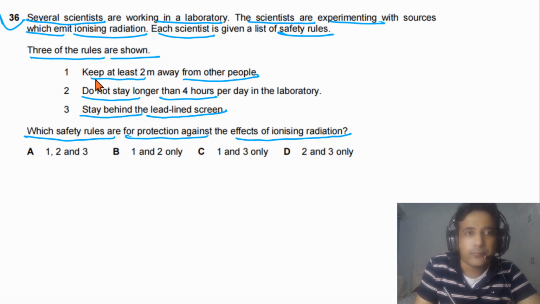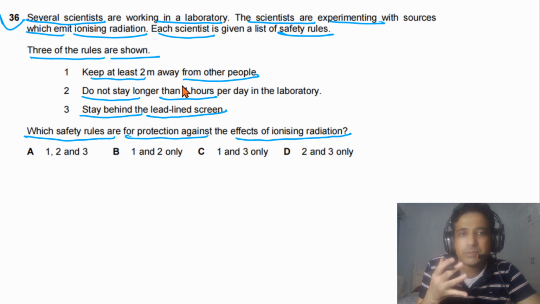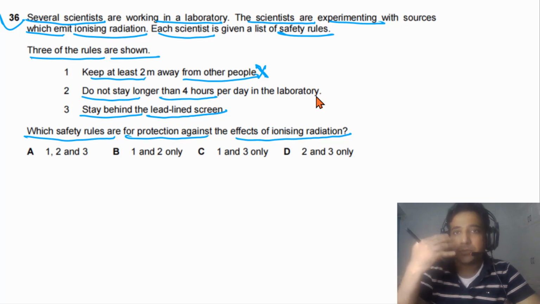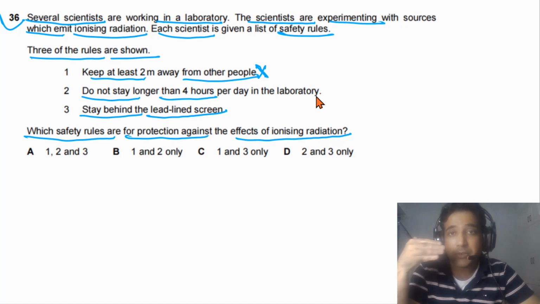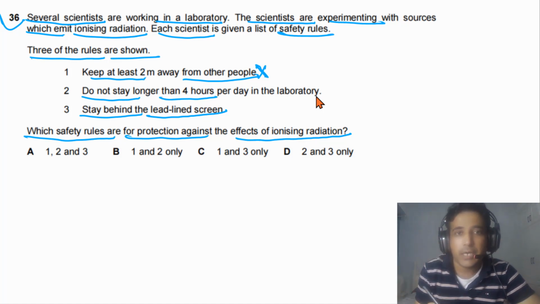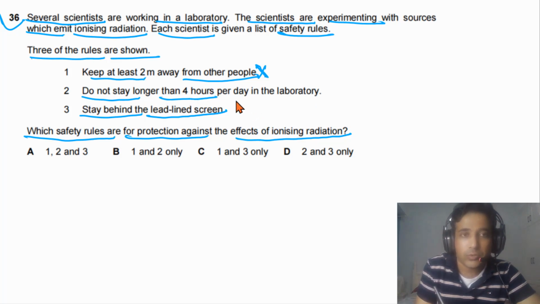If you look at the first rule, keep at least 2 meters away from other people, this is not protection against ionizing radiation. So this rule is incorrect. Don't stay longer than 4 hours. If you stay longer, it means the radiation dose will be very high. So you should not stay longer than 4 hours.